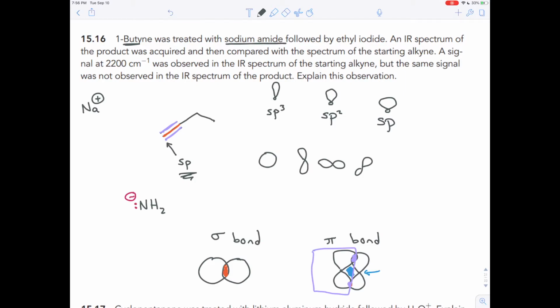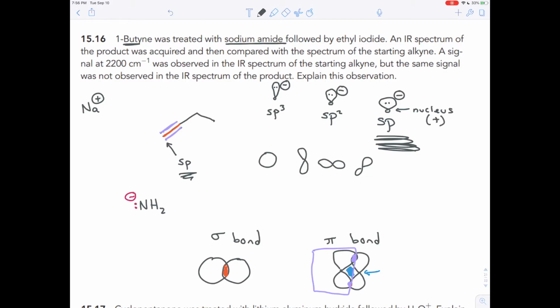Okay, so how does this all fit in to how these two molecules are going to react? In an sp hybridized carbon, if you think about which of these orbitals, sp3, sp2, or sp, could handle a negative charge the best, it is the sp hybridized orbital that could, because here's where the nucleus is.